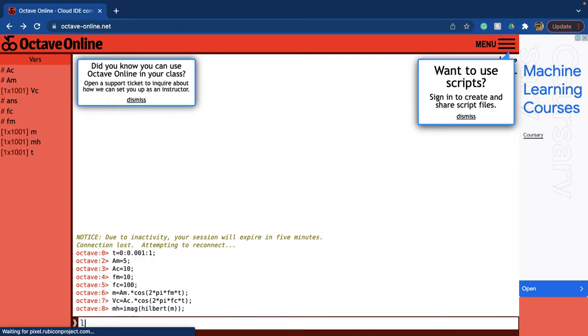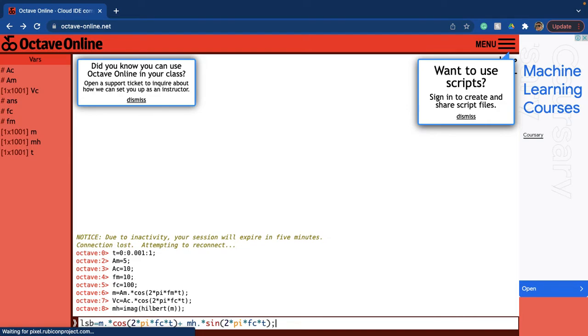The lower sideband is given as the message into cos 2 pi fct, plus mh sine 2 pi fct.